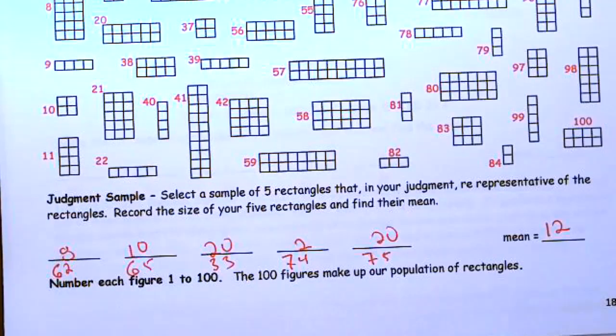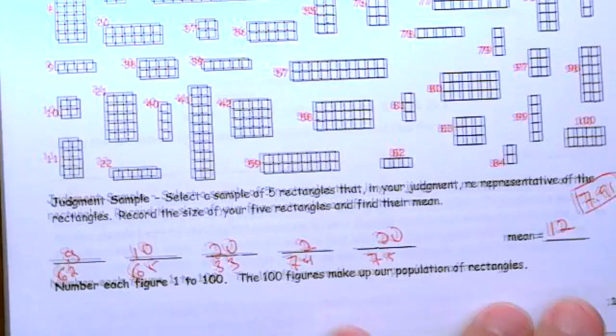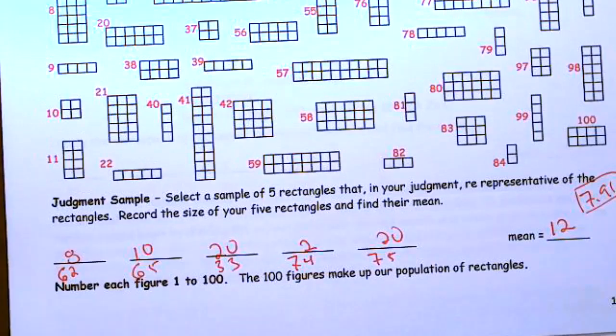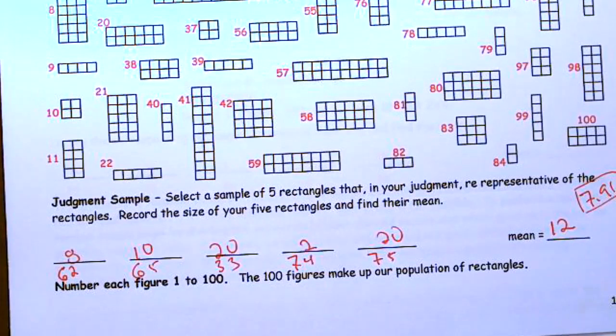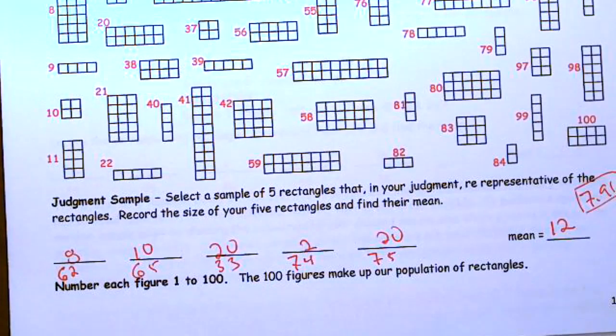Truthfully, if we added all these up, the actual average would have been 7.91. I know you couldn't have gotten 7.91 realistically choosing 5, but our class should average around that. But in general, we overrepresent large numbers when we do this.